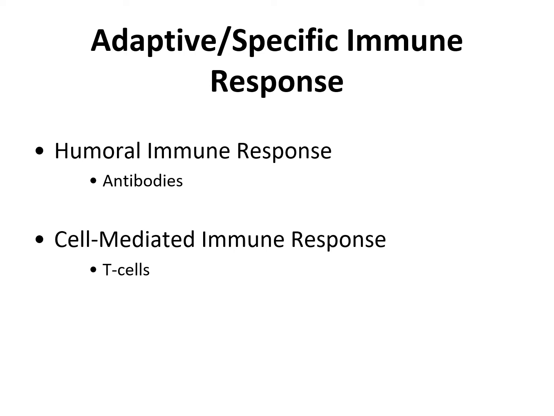So your cell-mediated immune response is very good at protecting you from parasites and from intracellular microbes that are found inside your cells. So the T cells are very effective at killing virally infected cells and other bacterially infected cells. Also, your cell-mediated immune response is responsible for eliminating cancer cells and also for transplant rejection.